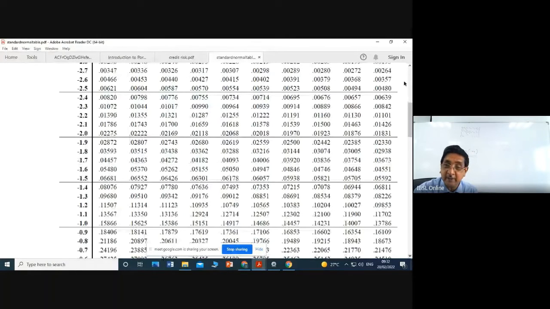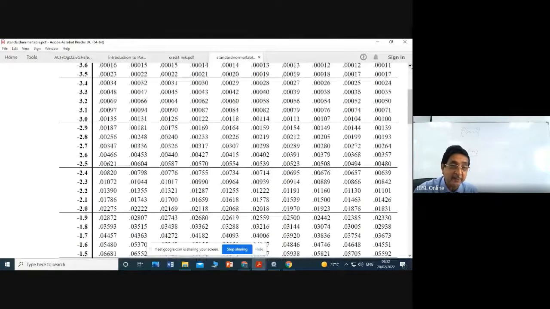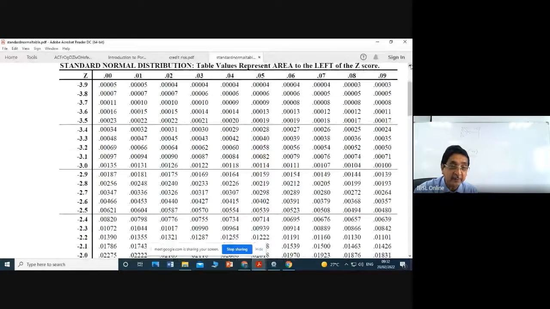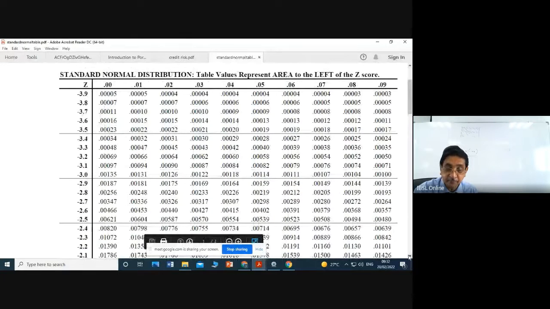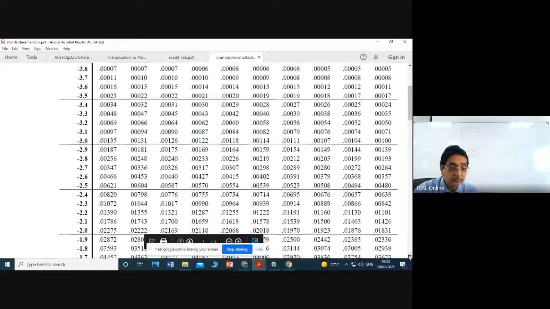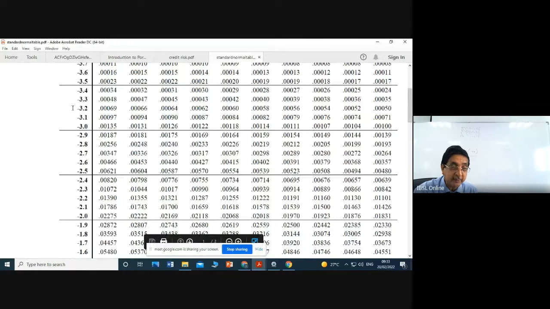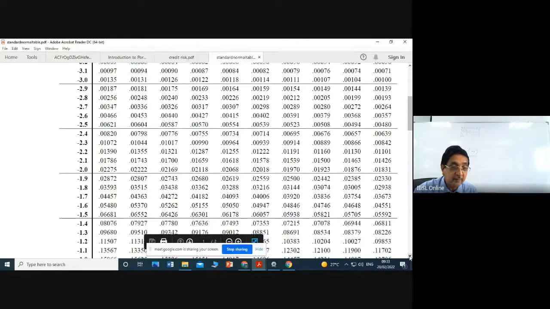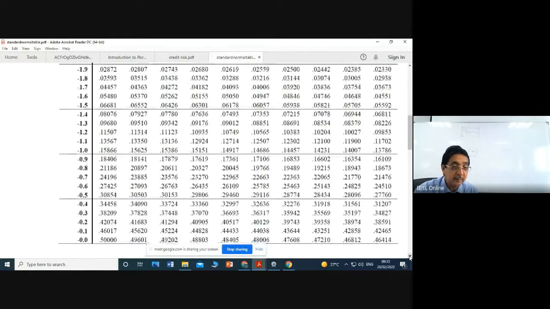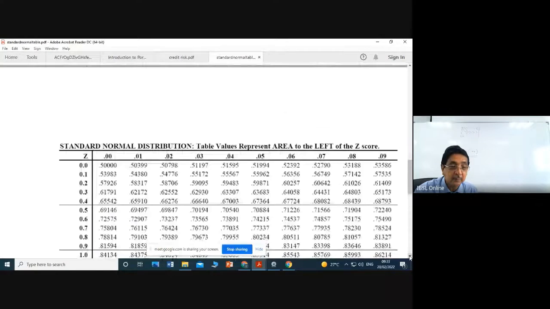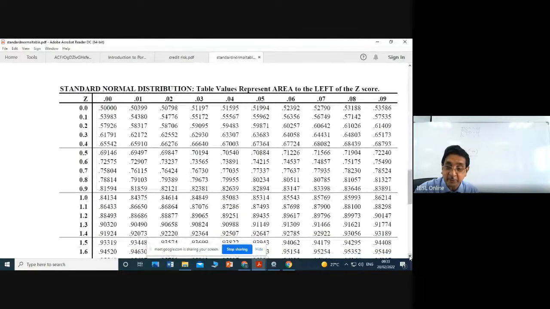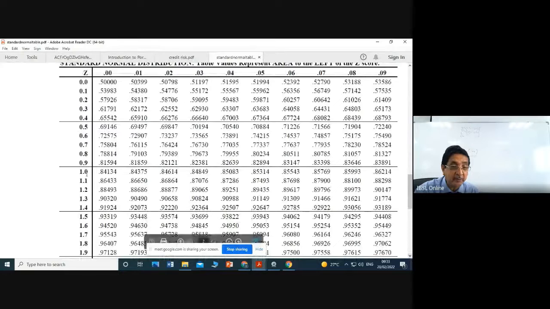Now you have to get this normal curve table, right? Here you get minus figures. Now you should get the positive figures. For 1.23, 1.2 comes here and 1.23 is here.